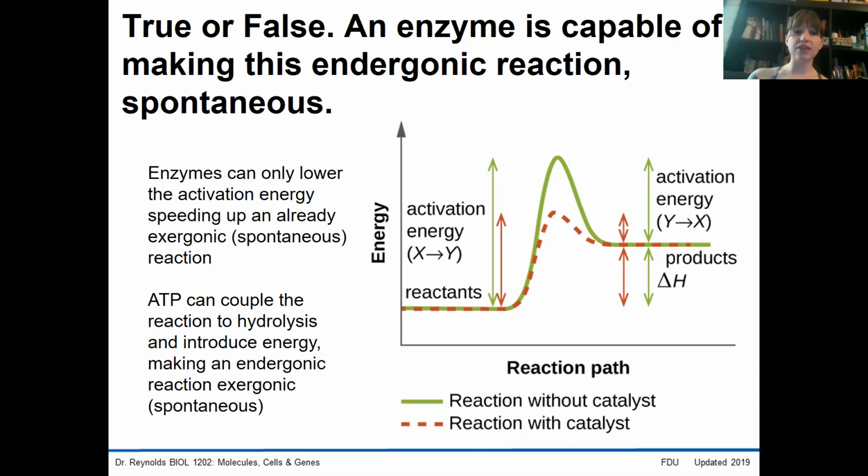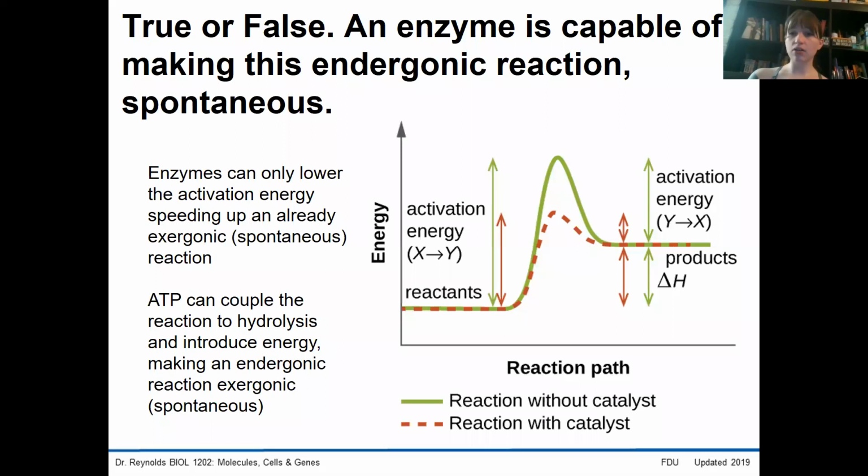What makes the difference between a non-spontaneous and a spontaneous reaction is going to be the relationship between reactants and products, the amount of energy that is in those reactants. Well, the only thing you know that can change the amount of energy in reactants is ATP's energy coupling.